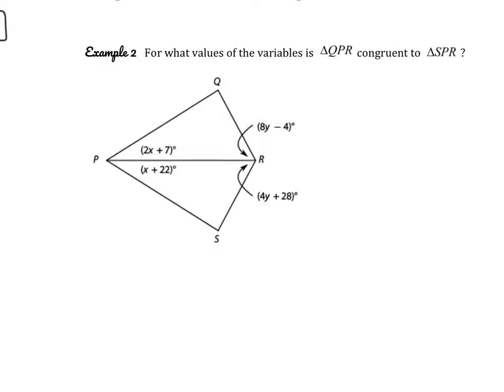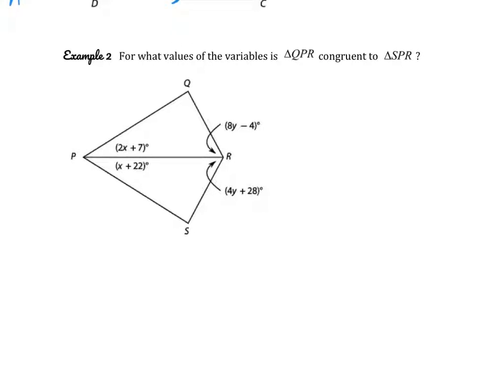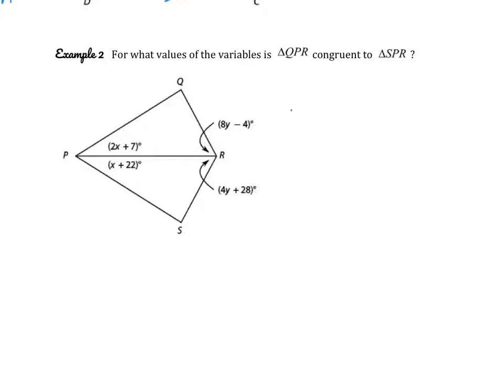Okay, let's look down here at example 2. Here they say for what values of the variables, x and y, make the two triangles congruent to each other. So again, they want triangle QPR to be congruent to triangle SPR.